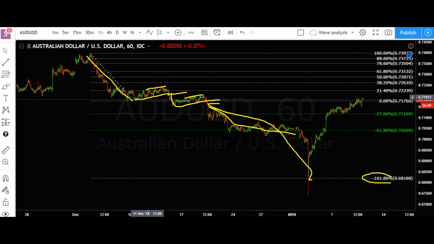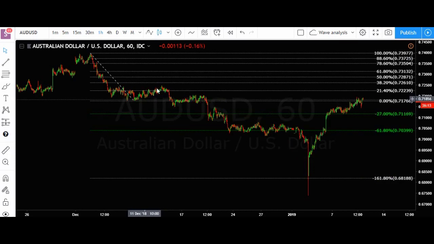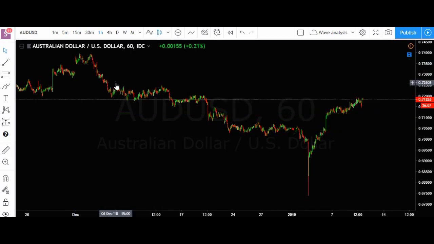This one actually went to this 1618. So you guys can see how amazing the Fibonacci tool works, indicating to us where our profit target is.